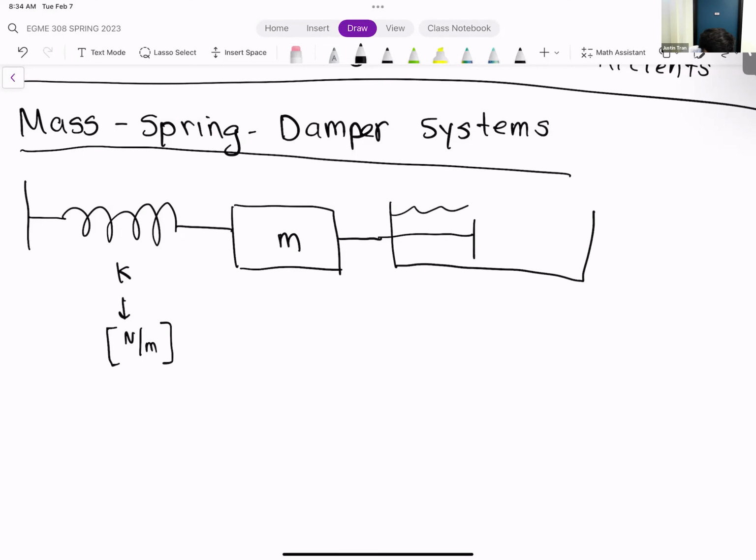Often it doesn't take this specific form, but visually we represent it like this, and that is the dash pot. The dash pot represents some kind of dampening agent, so any kind of friction or air resistance. It's hard to draw friction or air resistance, so oftentimes the way that we draw it is a plunger in water. That gives you the same idea.